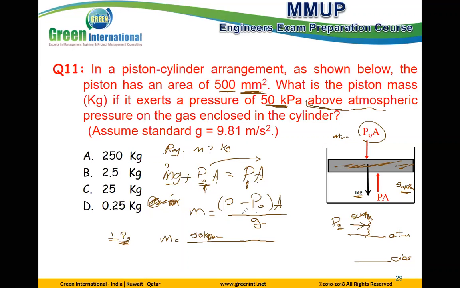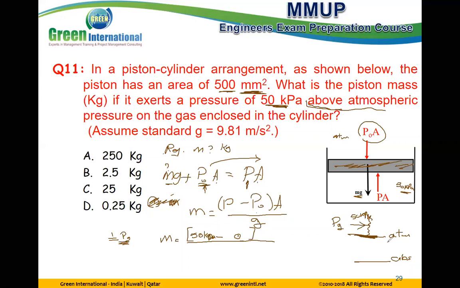What is the value for this one? Actually, P node is referred to the atmospheric outside. So it refers to this line itself, correct? What is the value for this line? 0. Great. Correct. Why 0?